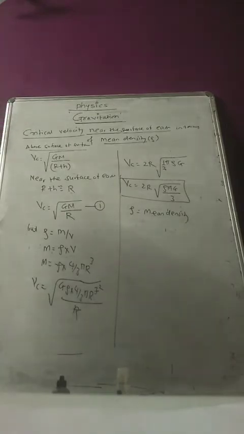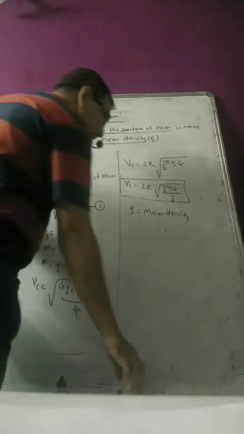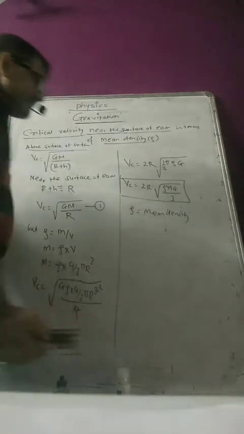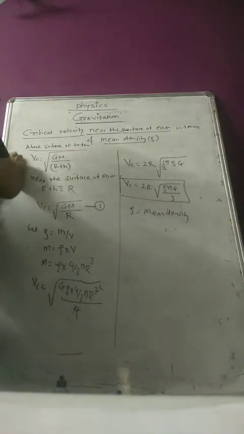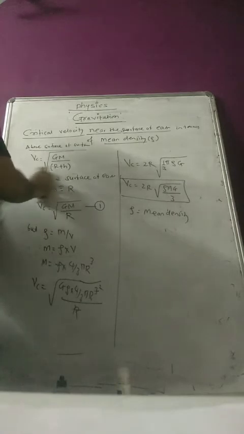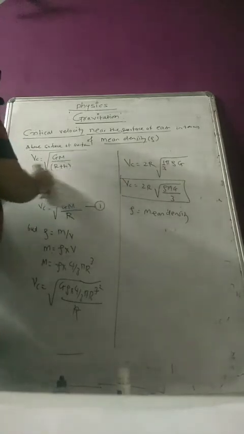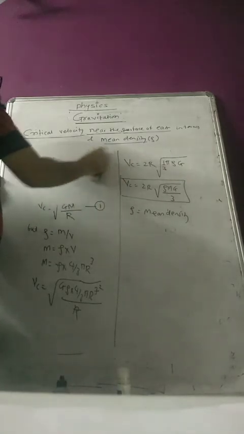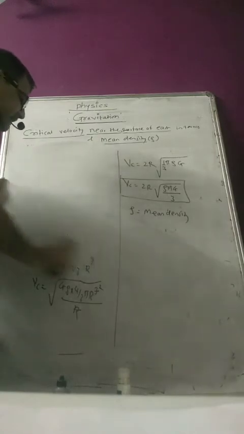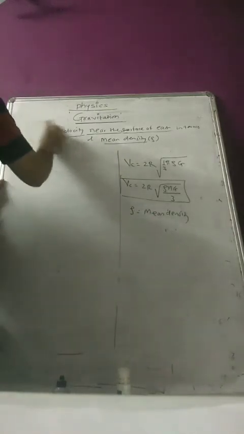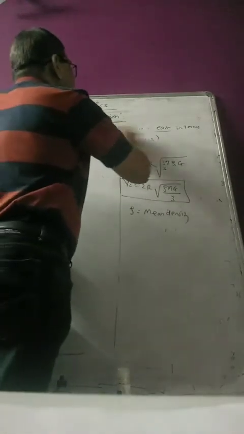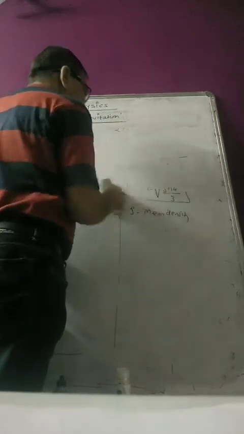Once you have got the critical velocity in terms of acceleration due to gravity and in terms of mean density, the question arises: what will be the time period of a satellite to revolve around the planet? That we want to calculate now. So I'll rub these things and we can come to the point, the time period of a satellite. How can we calculate the time period of this satellite?